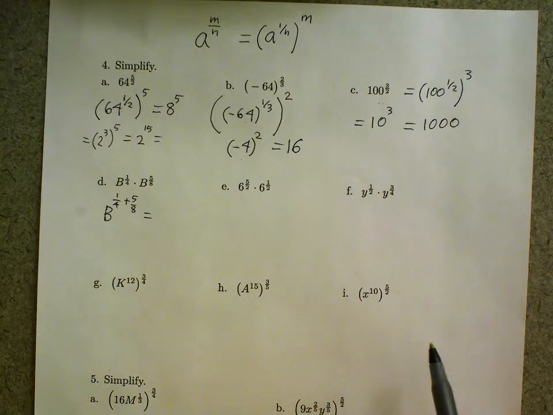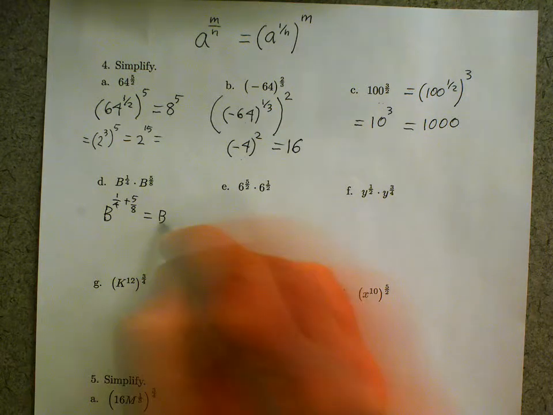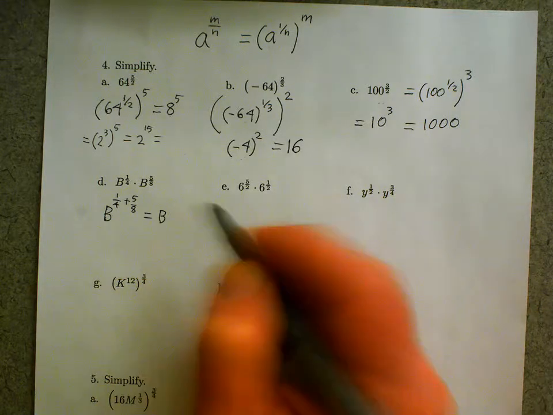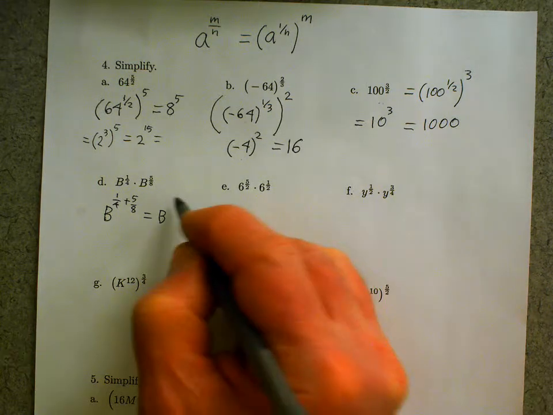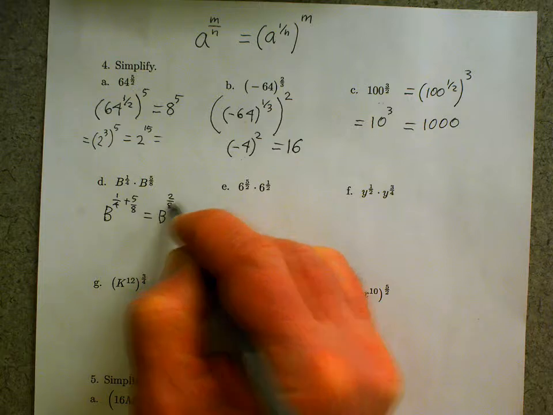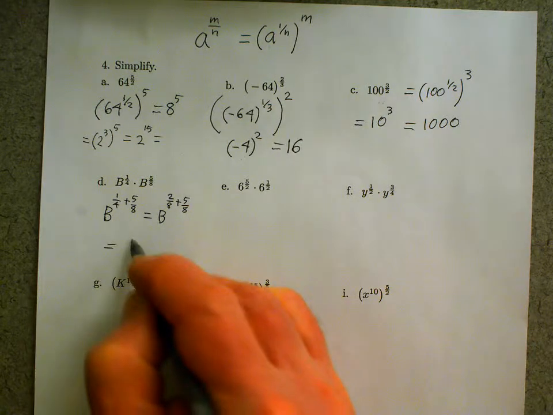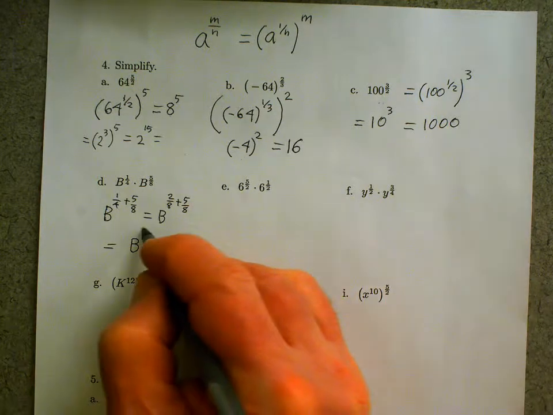And then simplify 1/4 plus 5/8. The common denominator is 8, so rewrite it as b to the 2/8 plus 5/8. And then finally, b to the 7/8.